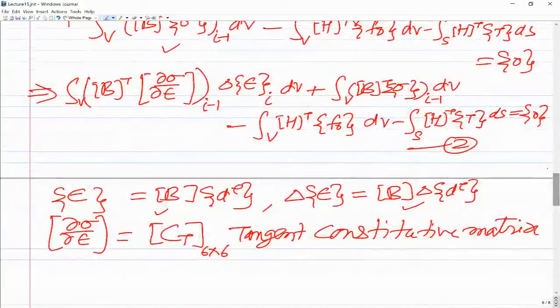So although I am putting over the entire B transpose into del sigma by del epsilon i minus 1, B is known, so it doesn't depend on the unknowns. So ultimately it will be this del sigma by del epsilon, which will be evaluated at the previous iteration. Similarly, here sigma is the term which would be evaluated at the previous iteration, and then this term would be computed.